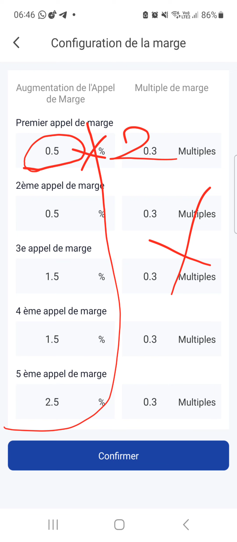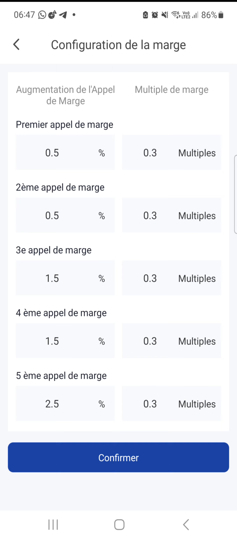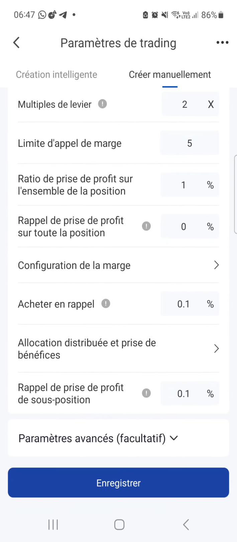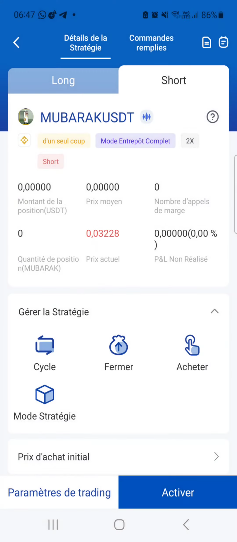So it means if the coin drops, instead of 0.5%, it will drop at 1%, because 0.5 times 2 is 1%. So this one is 1%, this one is 3%, 3%, 3%. So you can edit it and put here 1, here must be 1, here must be 1, and you leave this like this. Okay, then you save it, you confirm, you save it, then you confirm again.